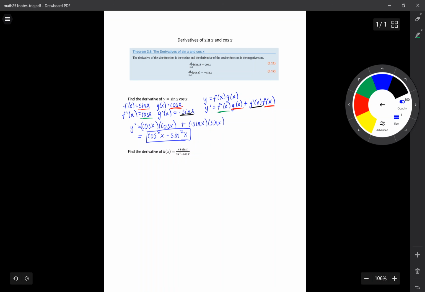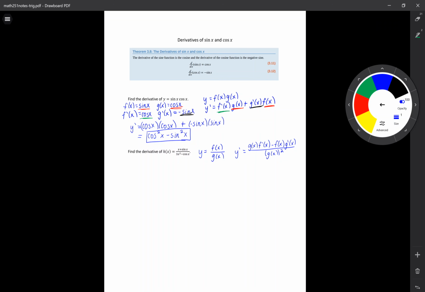Let's do another derivative using the quotient rule instead. So here we have the derivative of h of x equals x plus sine of x divided by 3x squared minus cosine of x. So just to remind us, if we have a function that looks like y equals f of x divided by g of x, we have to use the quotient rule so that y prime is equal to g of x times f prime of x minus f of x times g prime of x, all of this divided by g of x squared.